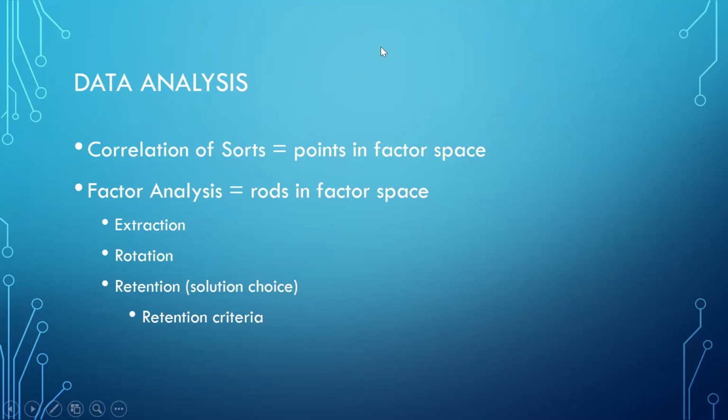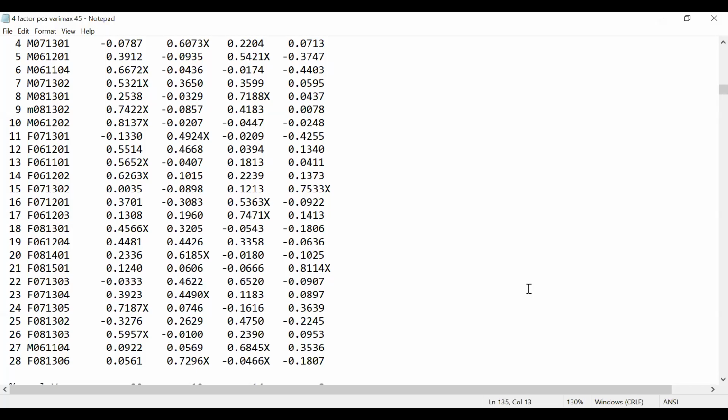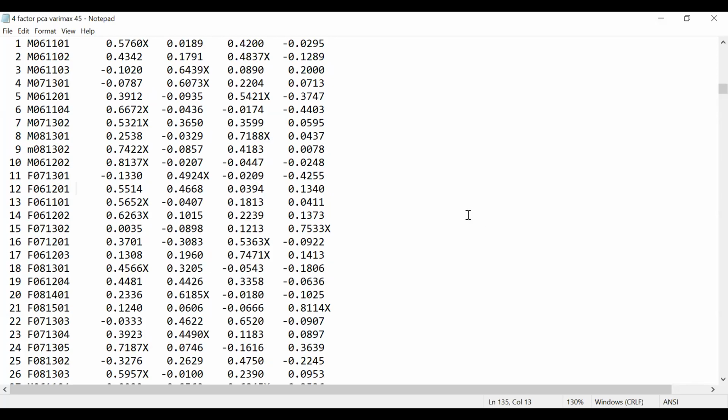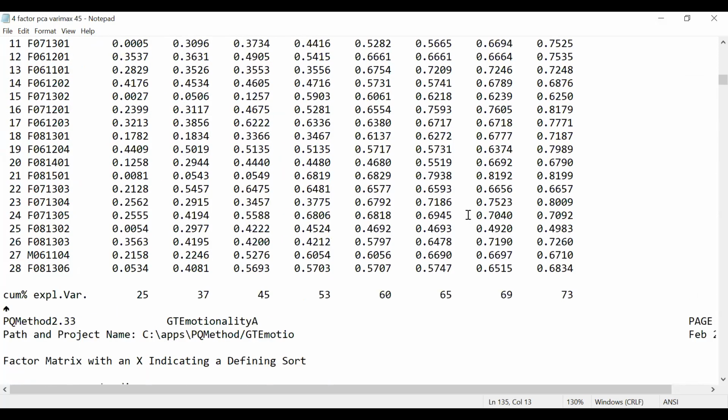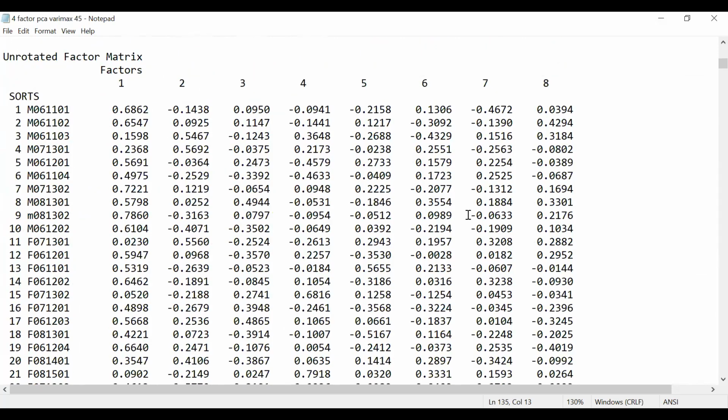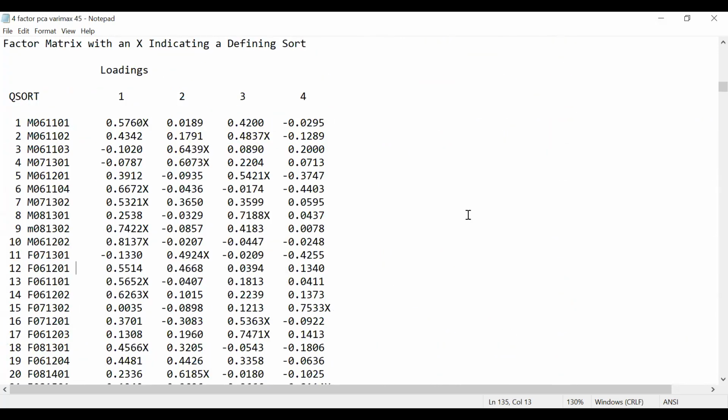So I have another example. This is the same study as the form board we saw earlier, but once you run the data, you get this really great factor matrix, and it's super exciting.